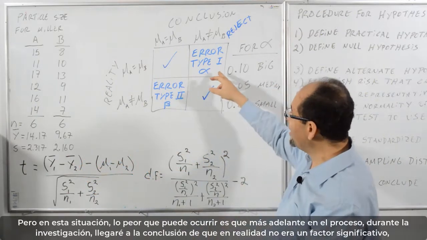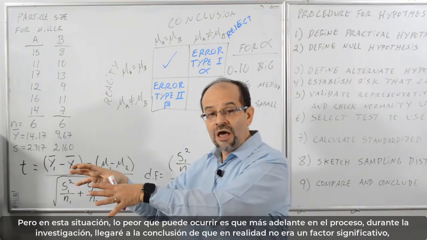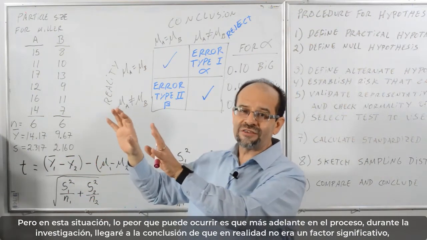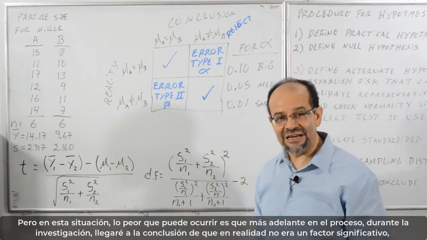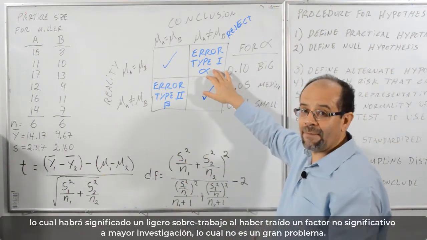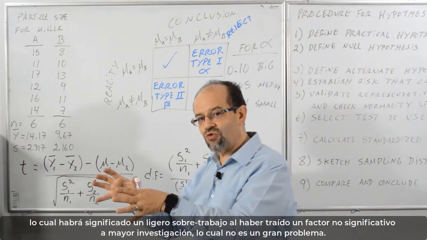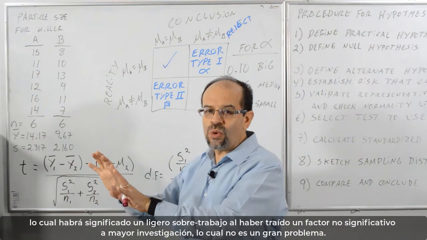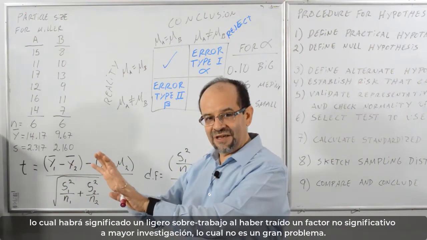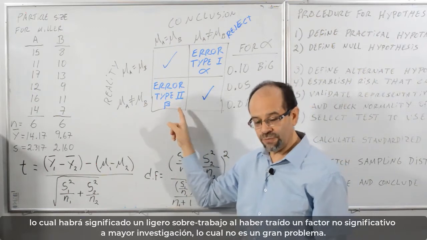But later in the process, during the investigation, my conclusion will be, oh, guess what? This was not a significant factor, and then it will represent a minor rework, because I took a not significant factor for further investigation, and later I realized that it's not significant. So this is not a big issue, but the other one is a big issue.